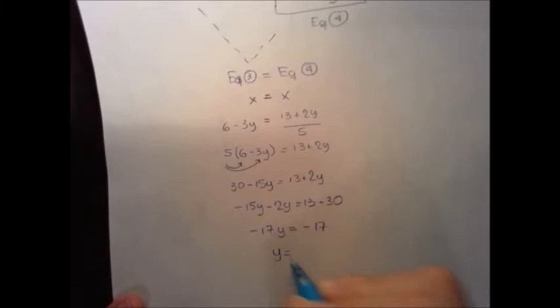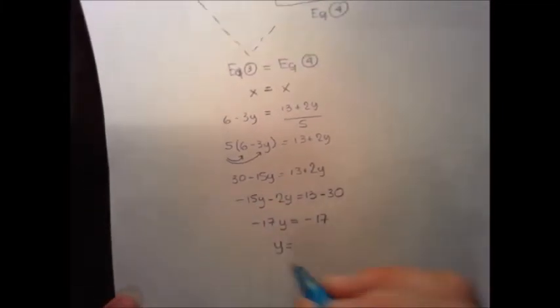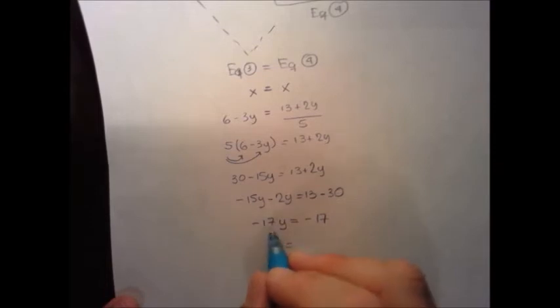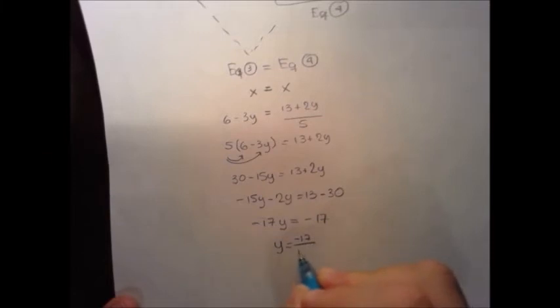Here is going to be very easy. Let's clear this variable. This 17 is multiplying, so it is going to pass dividing with its sign, and then y is going to be 1.